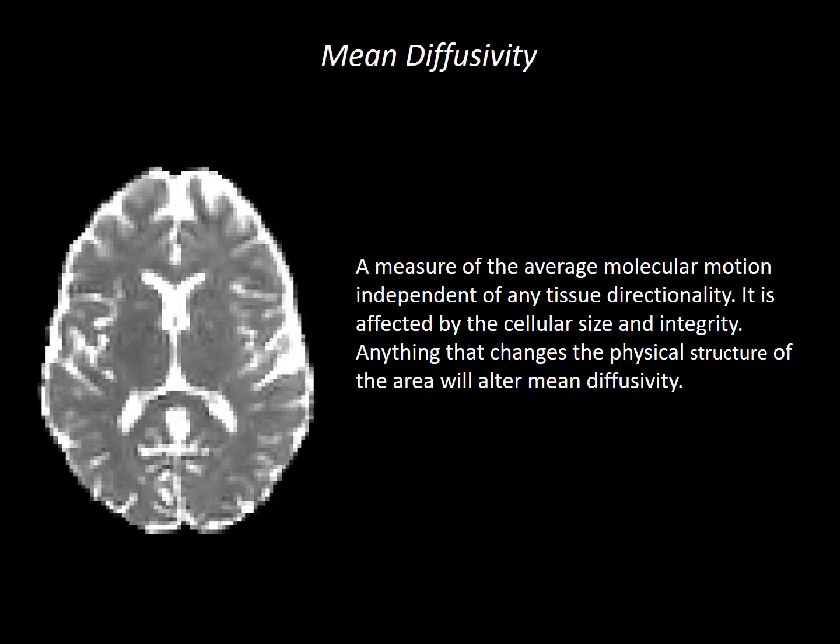So mean diffusivity is really a measure of the average molecular motion of water independent of any tissue directionality. It can be affected by the cellular size or integrity within a particular area. So anything that changes the physical structure of that area will alter the way in which water will move and therefore alter mean diffusivity.